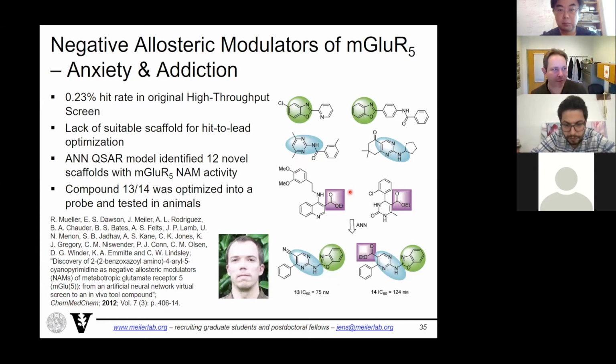Here's an example for a receptor in the brain, metabotropic glutamate receptor, which is a putative target for anxiety and addiction. We did an experimental high throughput screen. There were several 100,000 inactive compounds, several hundred active compounds.